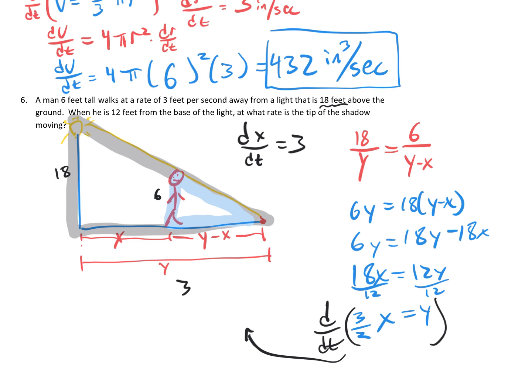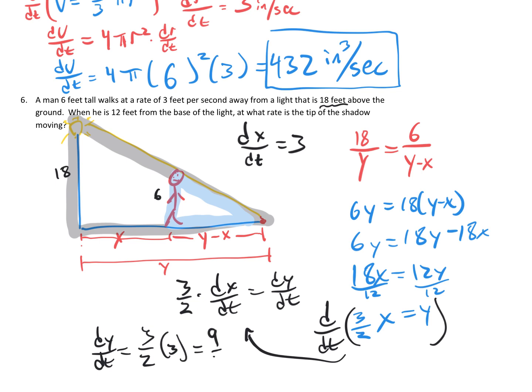We have 3 halves, the derivative of 3 halves x is 3 halves, but then we have to multiply by dx/dt, and that equals dy/dt. The derivative of the right side is just dy/dt. All right, well, we know dx/dt is 3, so dy/dt is 3 halves times 3, which is 9 halves.